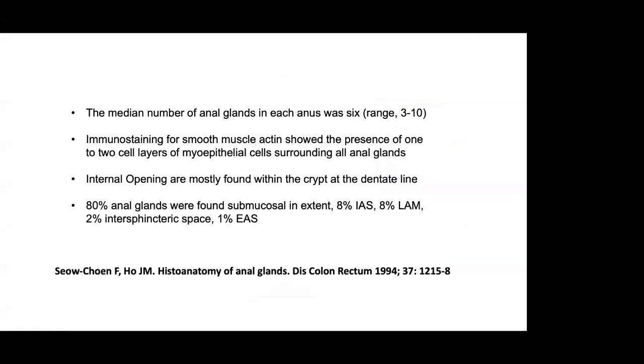According to Francis Joanne, the median number of anal glands in each anus was 6, and the internal openings were mostly found within the crypt at the dentate line. And also, the authors described the composition and the location of these glands, which are mandatory in order to define the fistula tract.